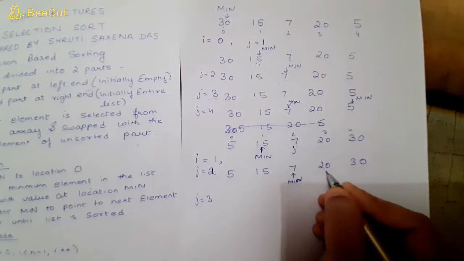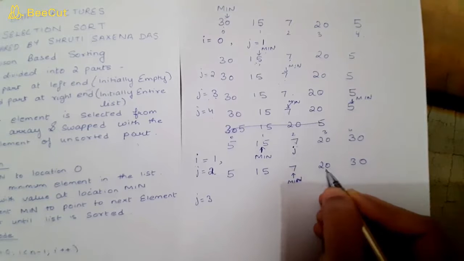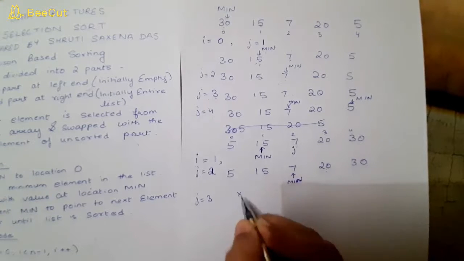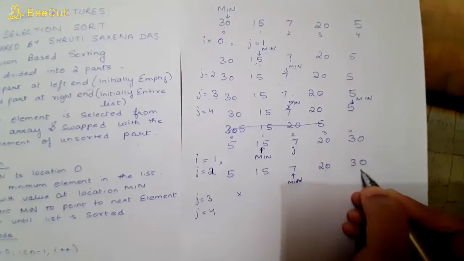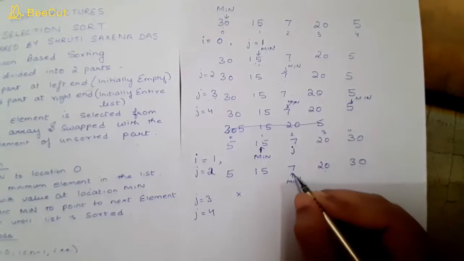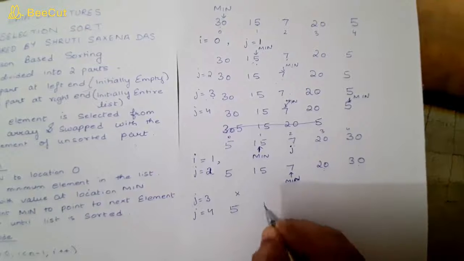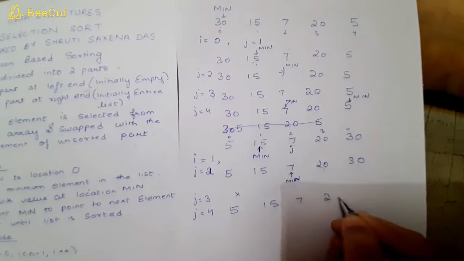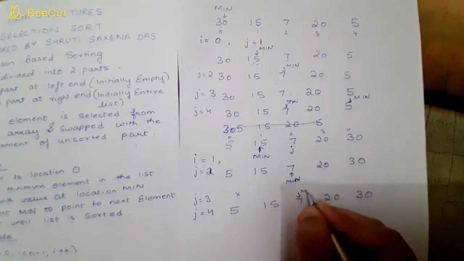Again we are going to compare it. After comparing, 20 is greater, so nothing will change. For j equals 4, we'll compare it with 30. Now 30 is also greater than 7, so no change will occur. So finally we'll get this, and minimum is still pointing to 7.